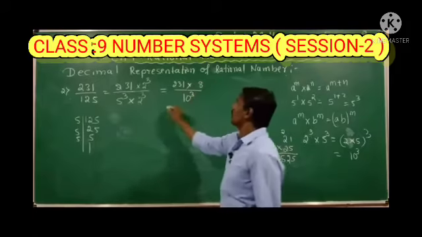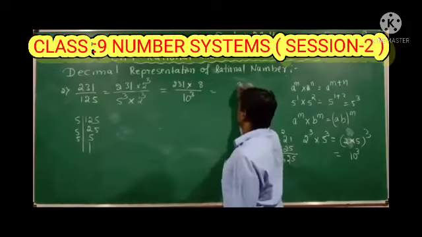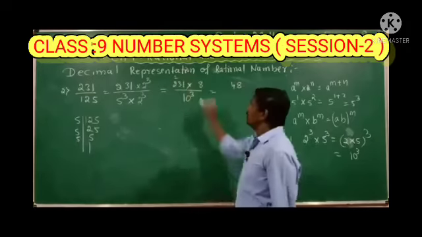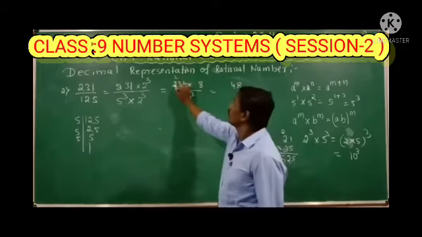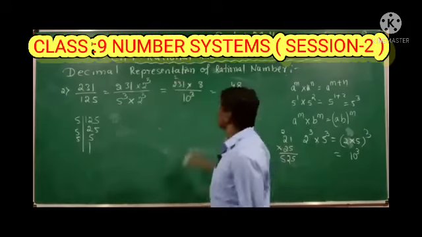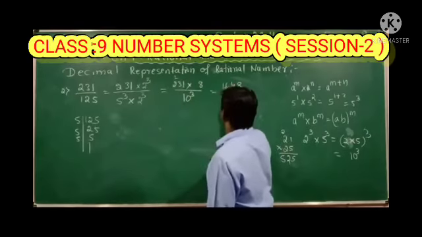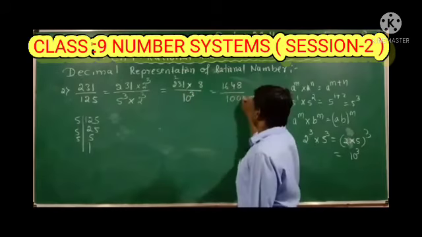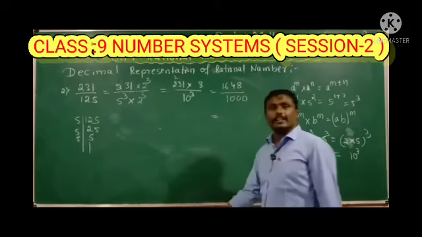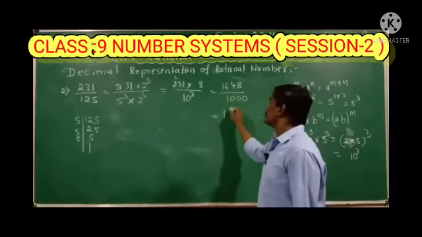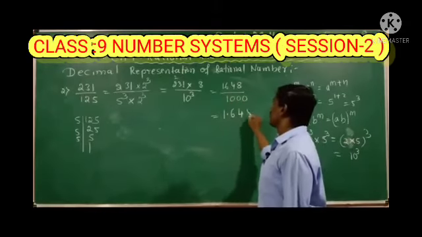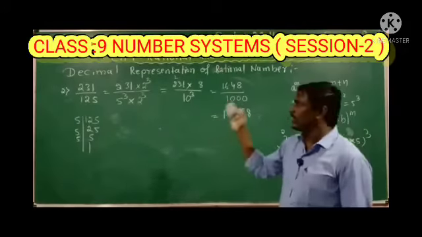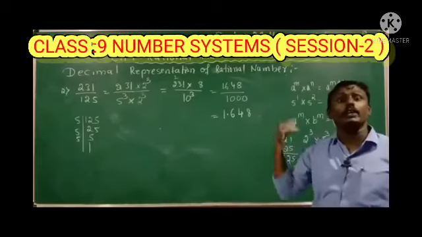Multiply this, what will you get? 8 1s are 8, 8 3s are 24, carry 2, 8 2s are 14, 14 plus 2 is 16, divided by 10 raised to 3, means 10 cube is nothing but 1000. So the decimal expansion of this number is 1.648. It's the simplest method to identify the decimal expansion of any rational number.